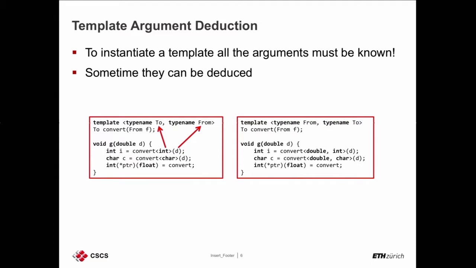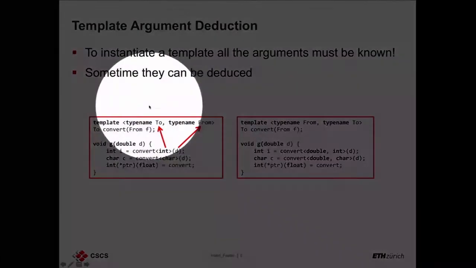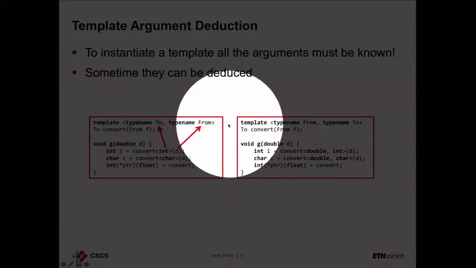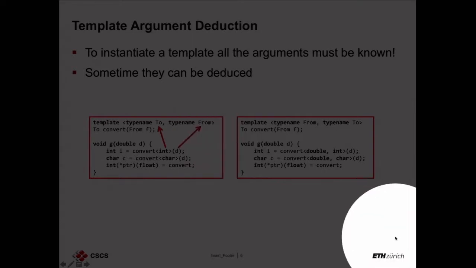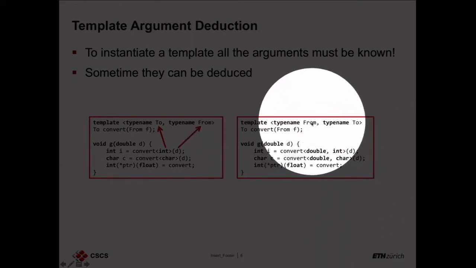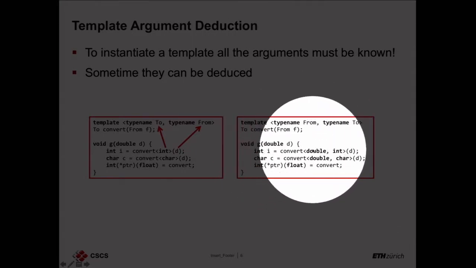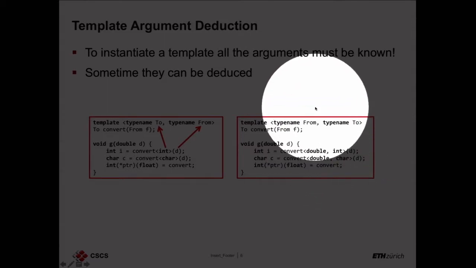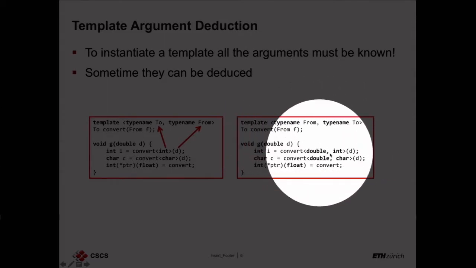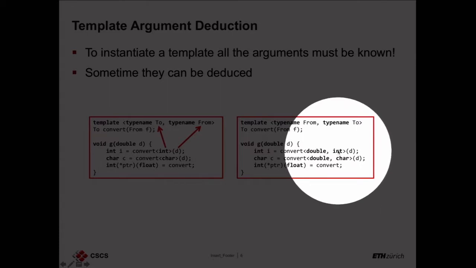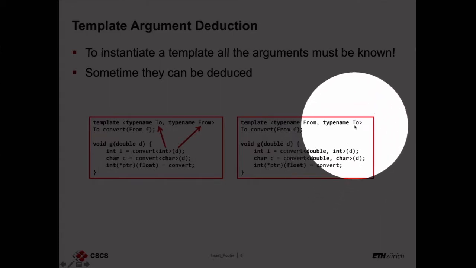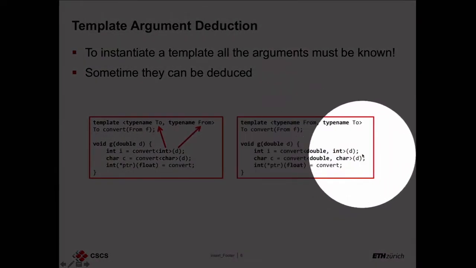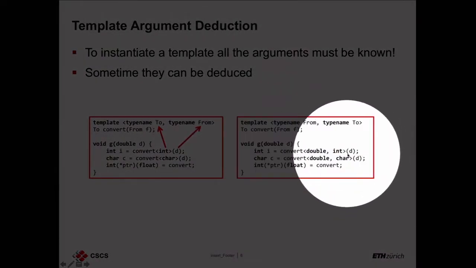So now it sounds a little bit silly to put a to and from here, right? I want to do from to, not to from. So if I change the order of these arguments, I need to explicitly say the two values now, because double is the first argument from, and int is the second one to. So I cannot deduce d here at this point.